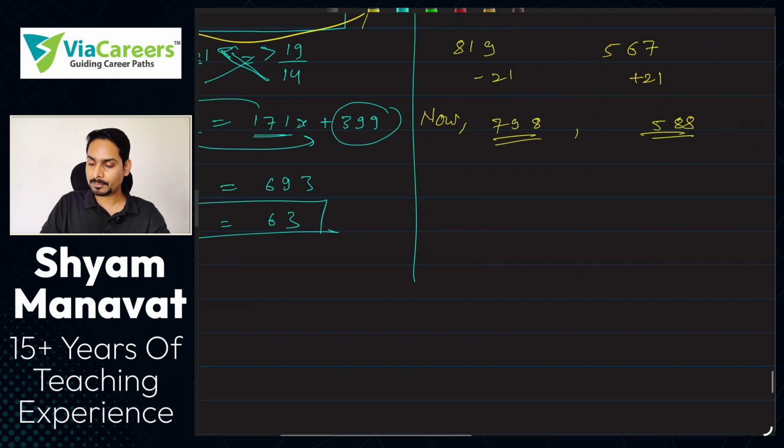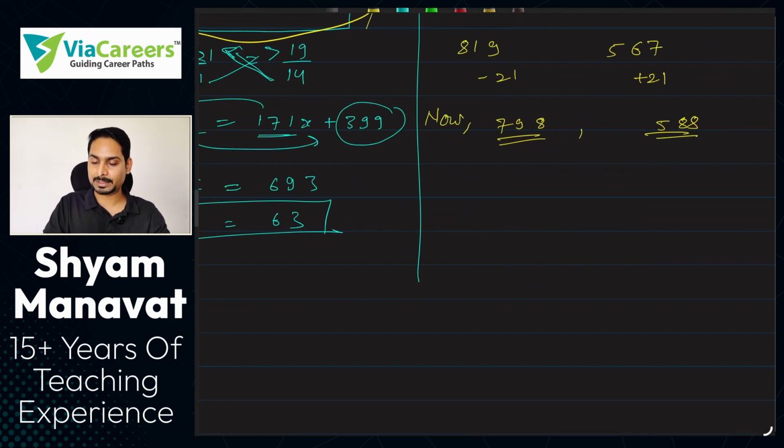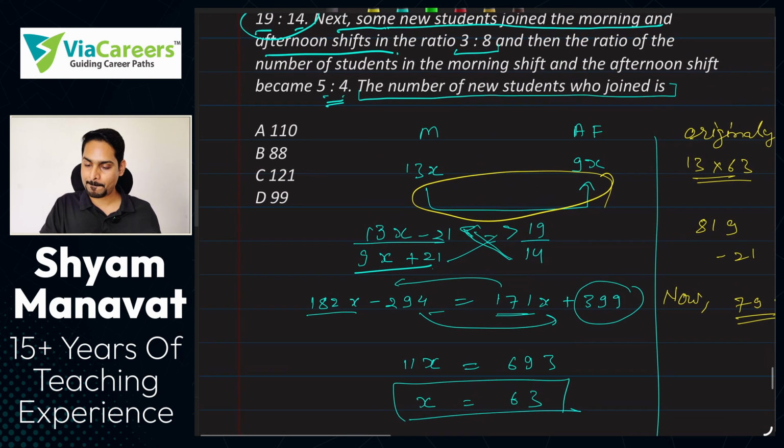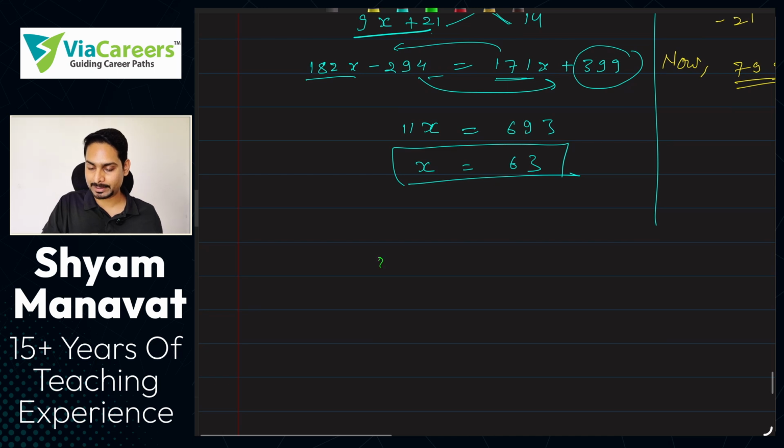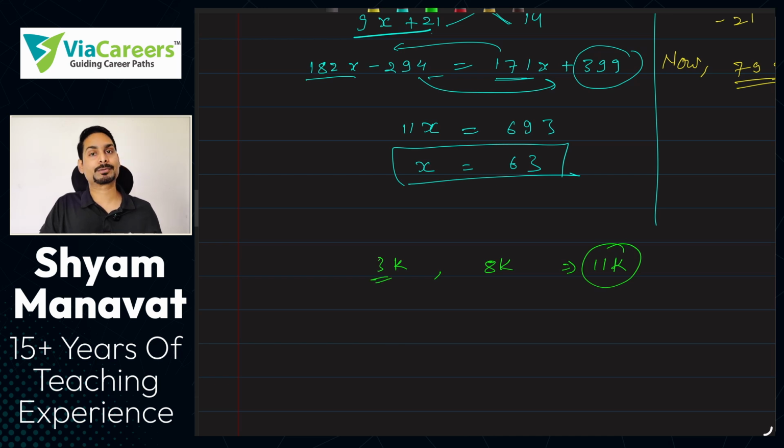So from here, the new students who join are in the ratio 3 and 8. So let me say the new students join in the ratio 3:8, let's say 3k and 8k. So what do we need to find? We need to find the sum of them. That means we need to find 11k, the number of students who join in the morning shift plus the number who join in the afternoon shift. So we need to find out how much is 11k.